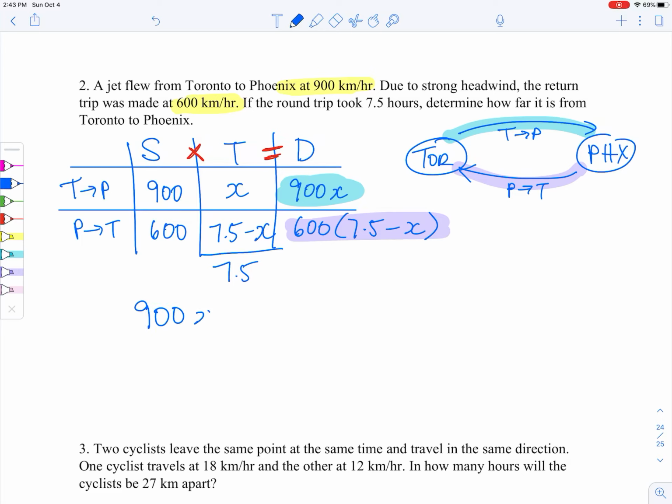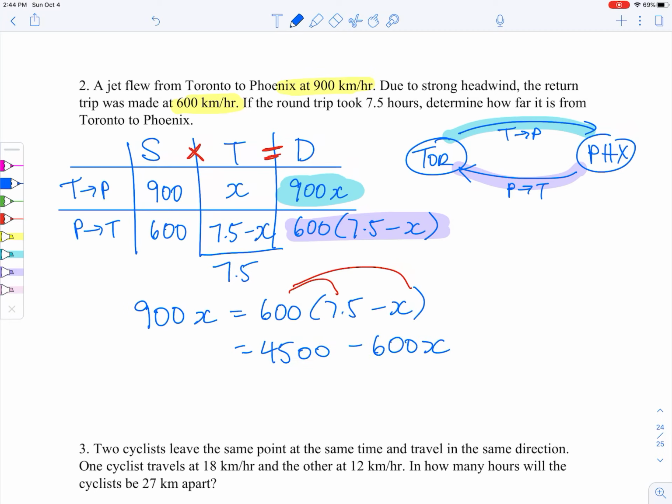So that means 900x equals 600 bracket 7.5 minus x. We're going to distribute the 600. So 600 times 7.5 is going to give 4500 minus 600x. I'm going to bring all my x's to one side, so the minus 600x to the other side.